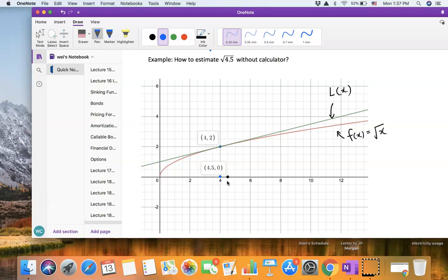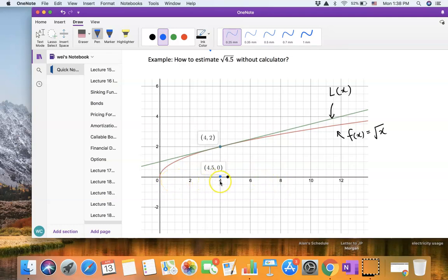When you use a linear approximation, you want to choose a point which is not far away from your target point. So here the target point is x equals 4.5. So that's why I don't choose x equals 9 or x equals 1.